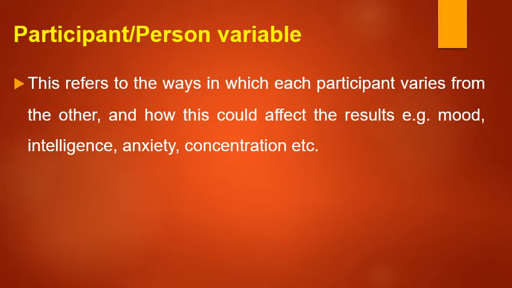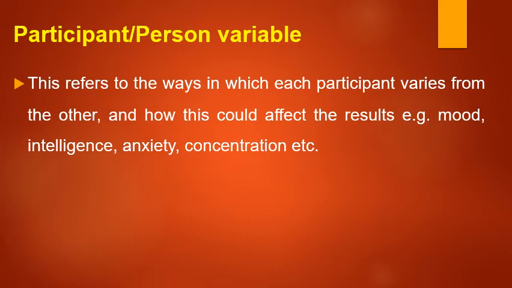Second is the participant or person variable. It is about the samples or the study participants which you are including in your study. This refers to the ways in which each participant varies from the others and how this could affect the results, such as the mood of the person, intelligence, anxiety or concentration power.